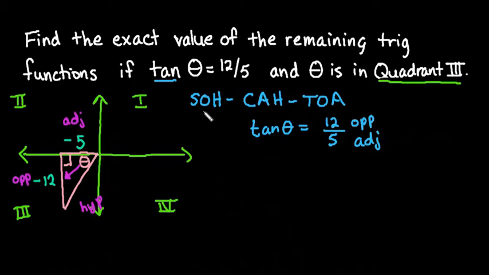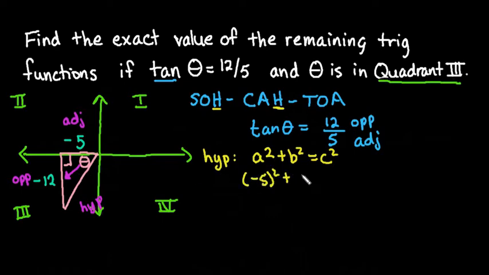Okay, so now let's get started. In order to find sine, we have to have opposite and hypotenuse, and for cosine we also have to know the hypotenuse. So right now we're missing that. To find the hypotenuse, we're going to use the Pythagorean Theorem, a squared plus b squared equals c squared. So our first side is -5 squared, and our second side is -12 squared, and that gives us c squared.